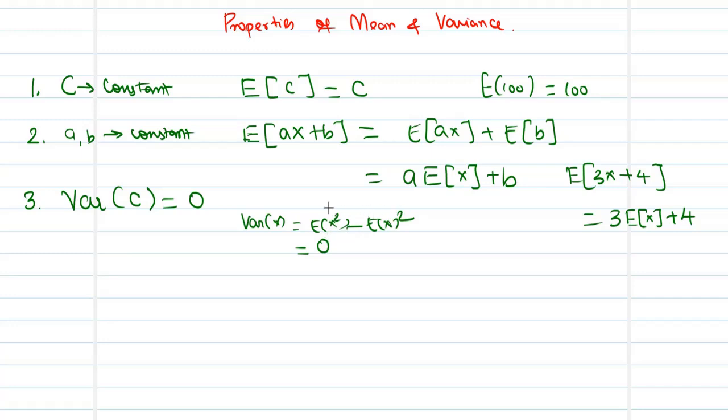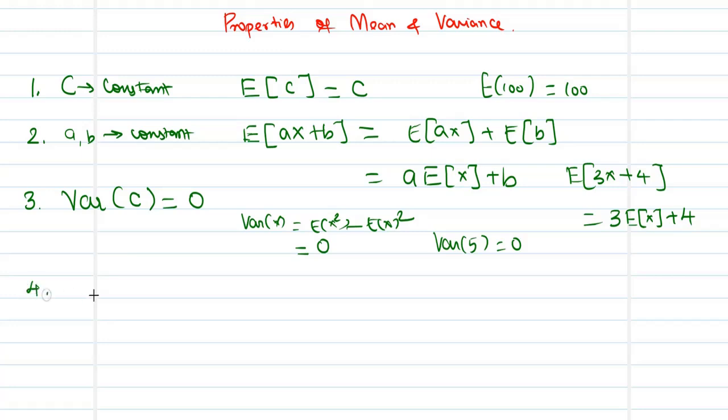So the variance of a constant is always 0. So what can you say about the variance of 5? It will always be equal to 0. The variance of any constant will always be equal to 0.